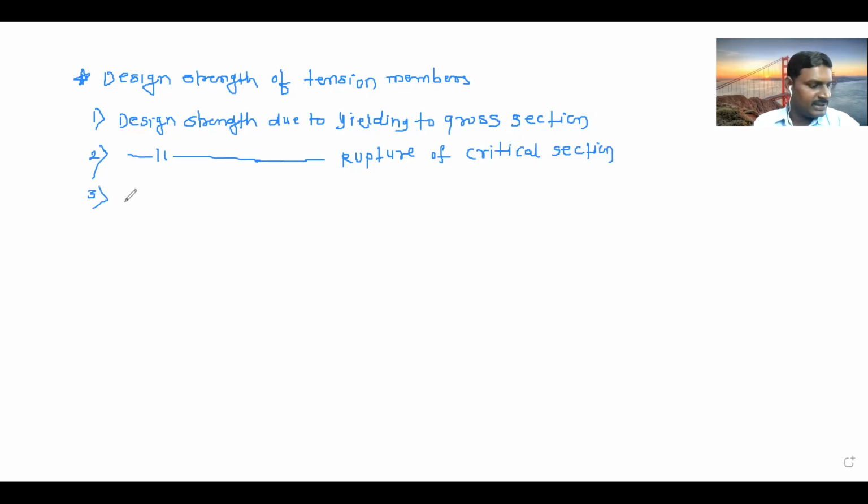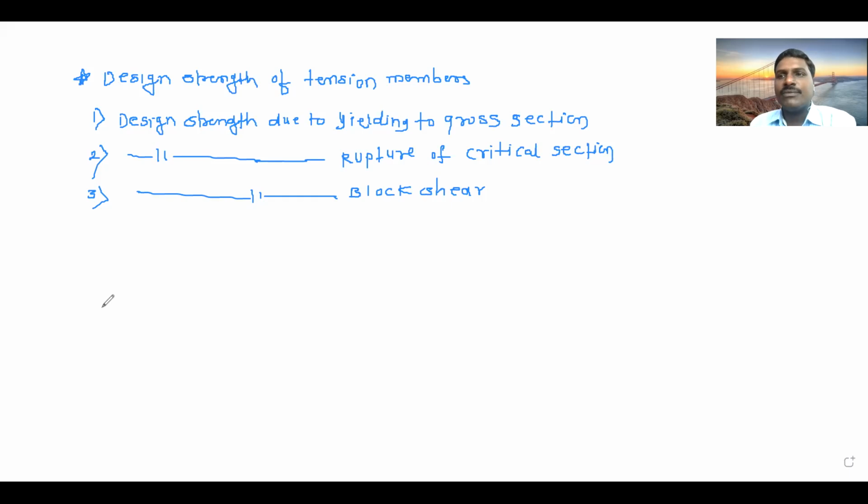And third design strength is due to block shear. So these are the three design strengths we have to calculate, and whichever is less is the design strength of that tension member, similar to bolted connection.